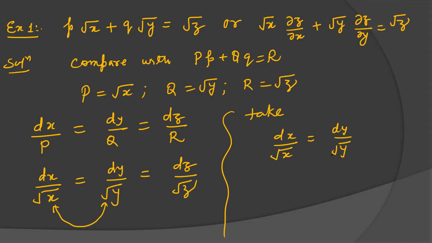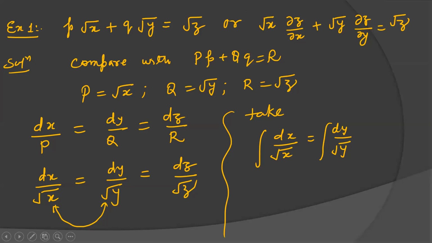This is already in separable variables form. We can integrate both sides because x variables are with x and y variables are with y. So no need to find alpha 1, alpha 2, alpha 3 here because it is already in separable variables form. If it is not in separable variables form, then we will try to find suitable alpha 1, alpha 2 and alpha 3.